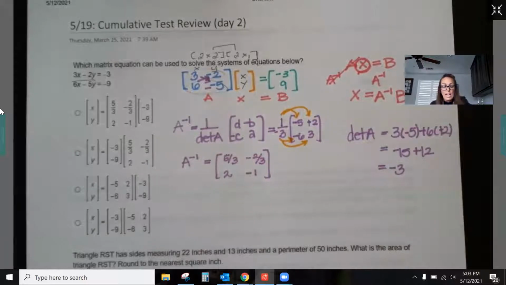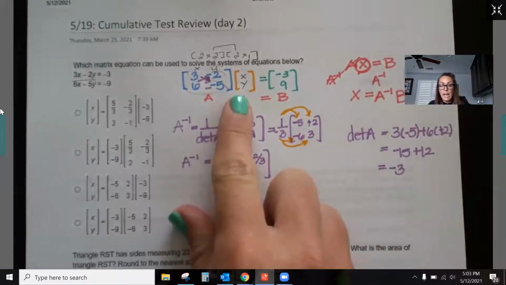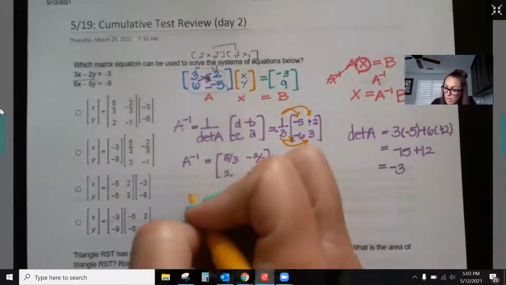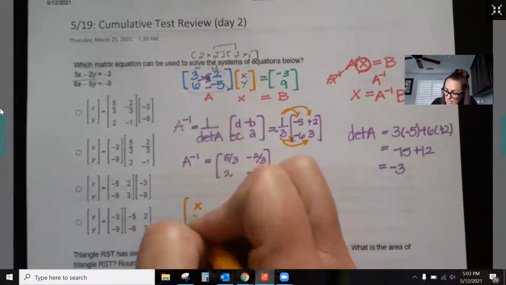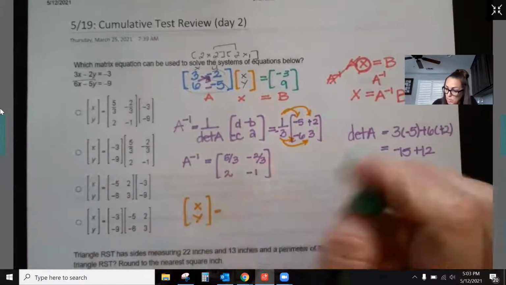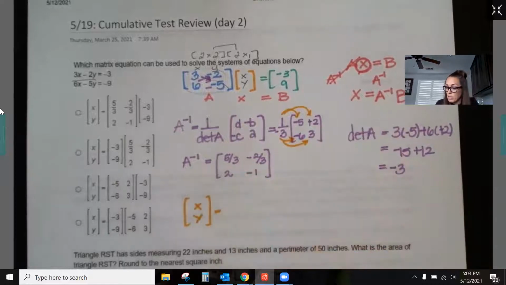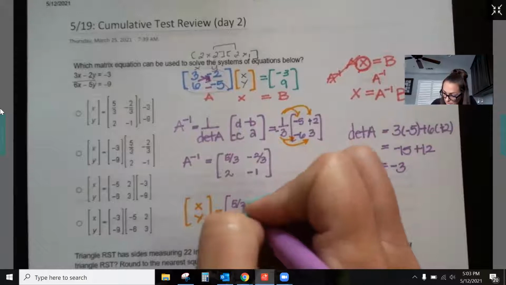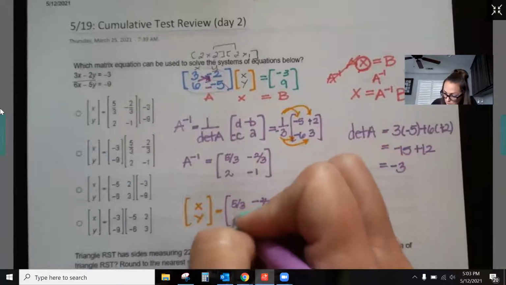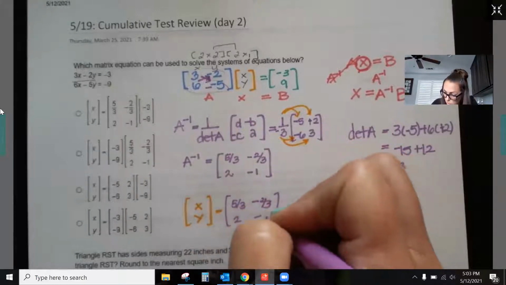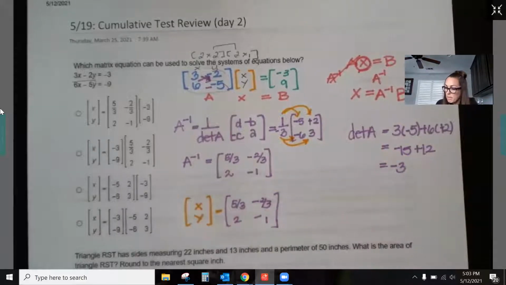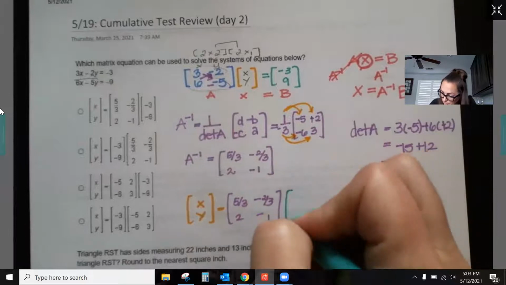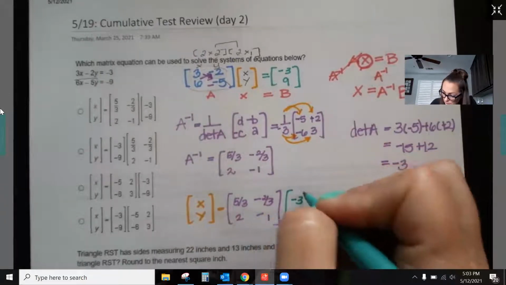So when I go ahead and solve for my xy, xy is equal to my A inverse, so it's going to be 5/3, -2/3, 2 and -1 times my B, which was -3, 9.